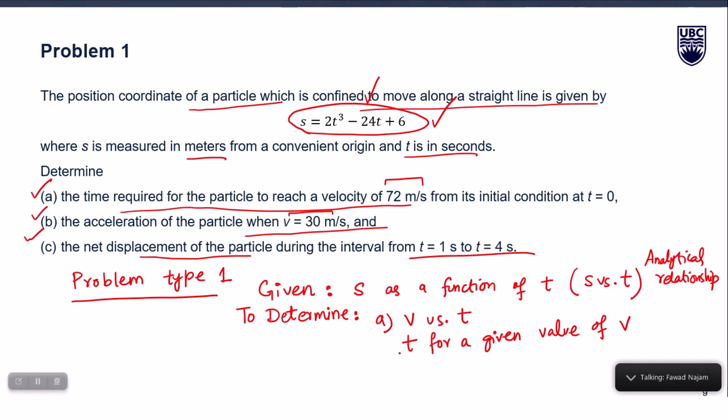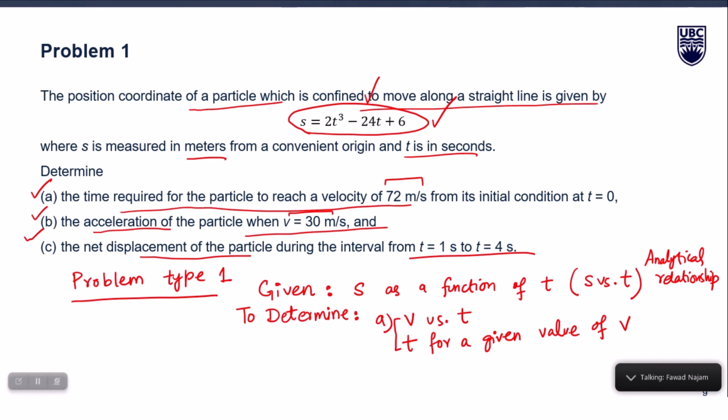So I can just combine them as one unknown thing. First you will determine V versus T and then put a particular value of V to determine the value of T, right? The second thing was the value of acceleration to be determined for a given value of velocity.